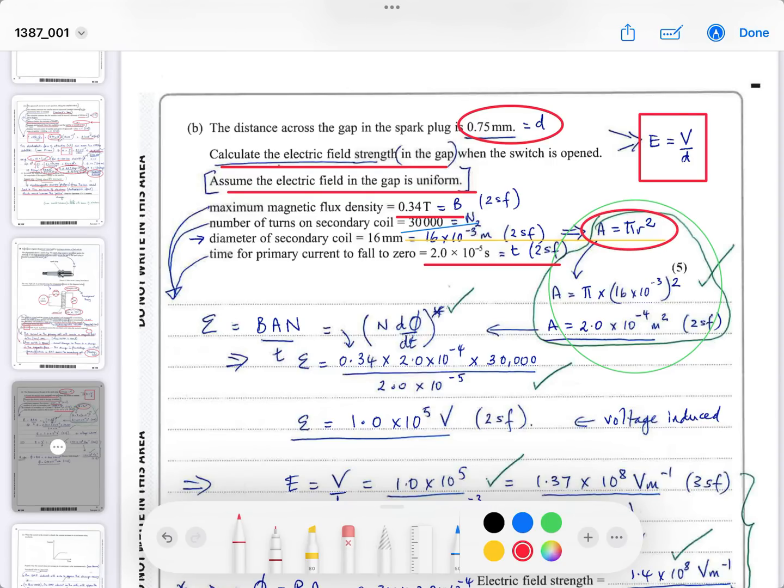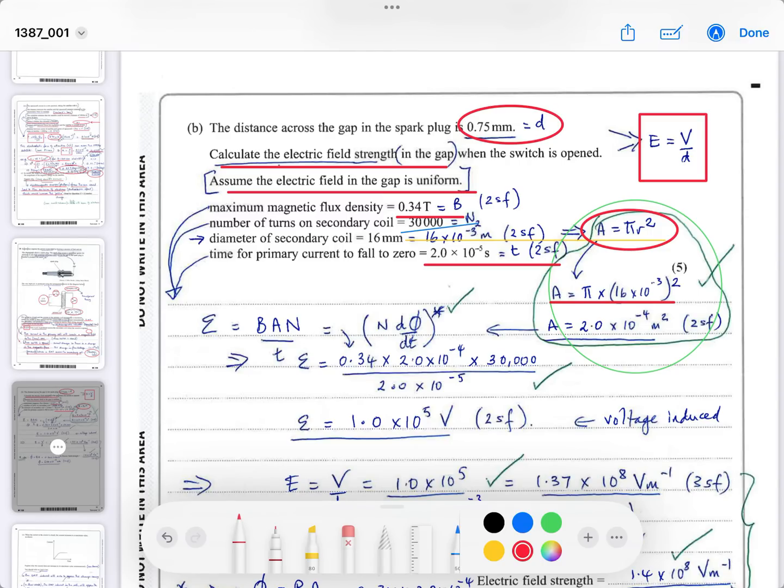So A is pi r squared, but they've given it as diameter, so you need to change that to R. I'm just going to have a look at the mark scheme to make sure I haven't made a mistake in my calculation. So this is 16 times 10 to the minus 3.